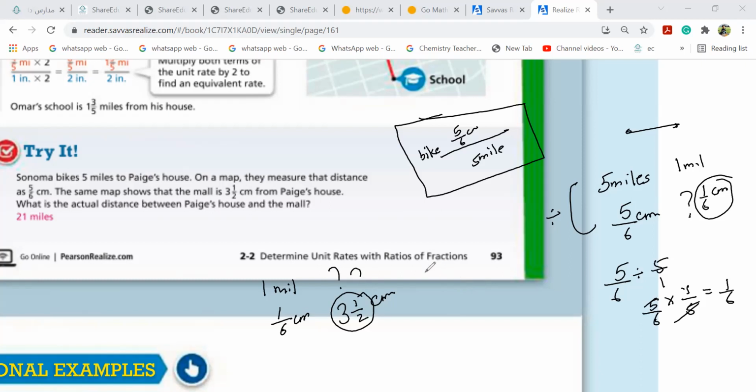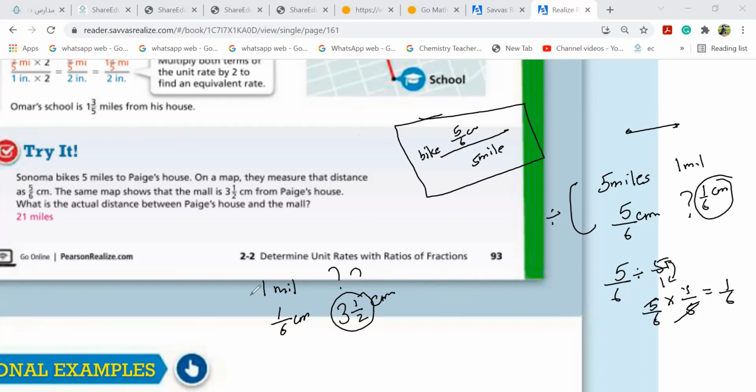So, how will you do this? You will divide. Understand, 5/6 divided by 5/1. Then the division becomes multiplication and you flip this. And you get 1/6. Now 1 mile, be very careful. 1 mile is 1/6. So 3.5 is how much?